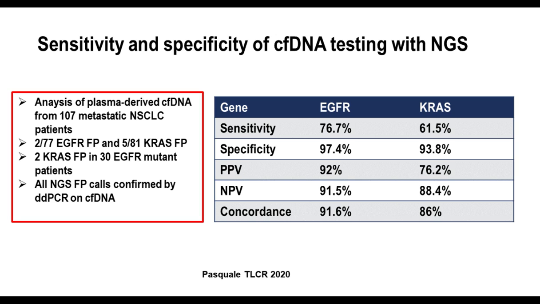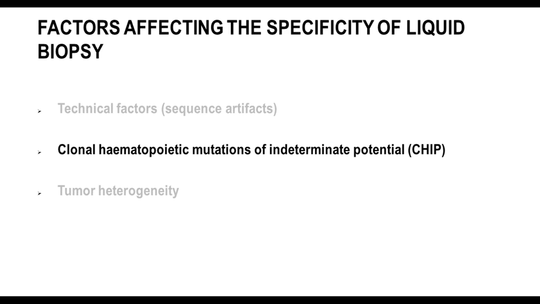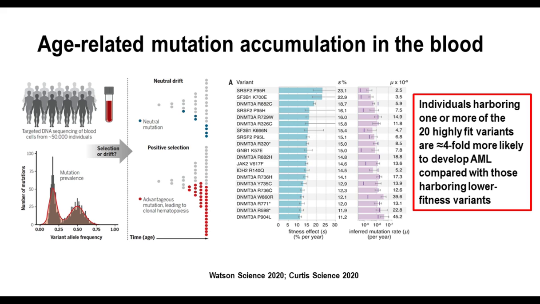Even when you solve the problem of sequencing artifacts, the concordance between liquid biopsy and tissue will never be 100%. And this is due to the fact that there are other confounding factors. And first of all, the clonal hematopoiesis of indeterminate potential, or CHIP. What is CHIP? Well, the point is that in every tissue, in particular in blood cells, mutations accumulate with age.